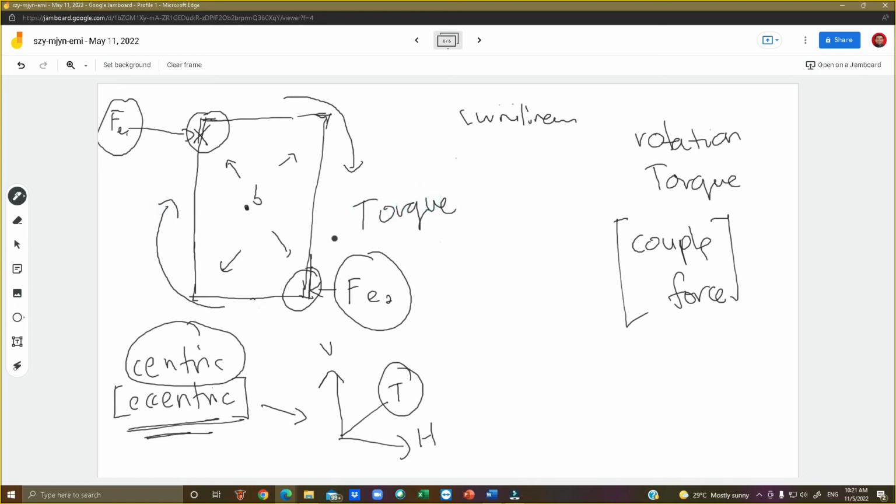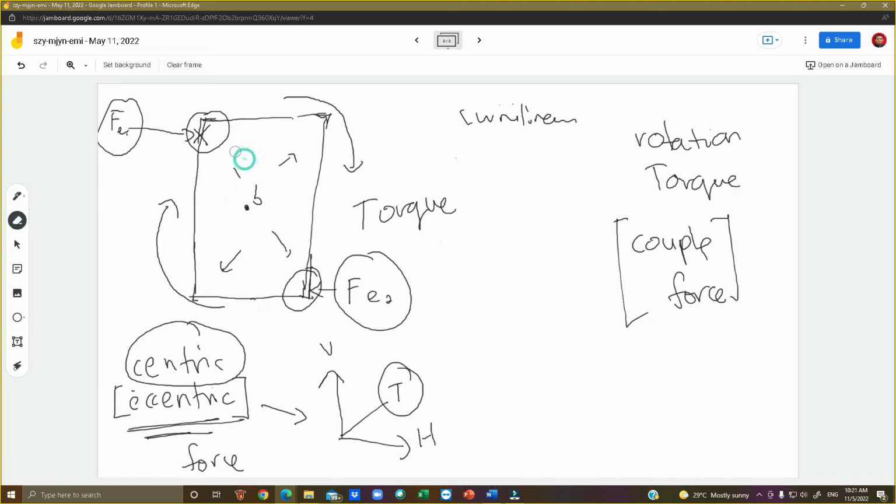Okay, this is torque. So torque is rotation caused by eccentric force. This is not concentric eccentric contraction extension. Eccentric force is force given not towards the center of gravity. It will cause rotation, wherever you give it.